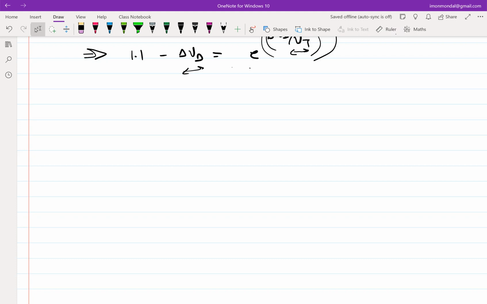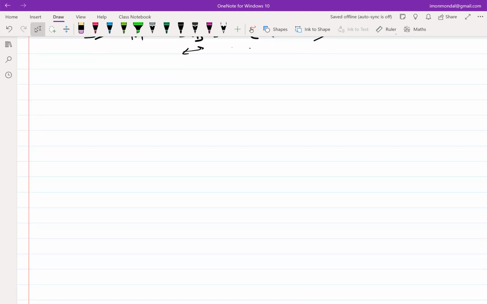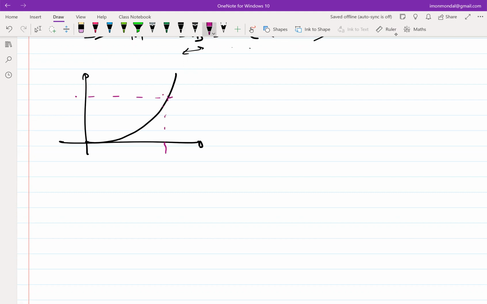Okay, so his question is, when we did this small signal analysis, we said simply that we are finding out the quiescent point. This is V1, this is I1, and finding out the tangent here.